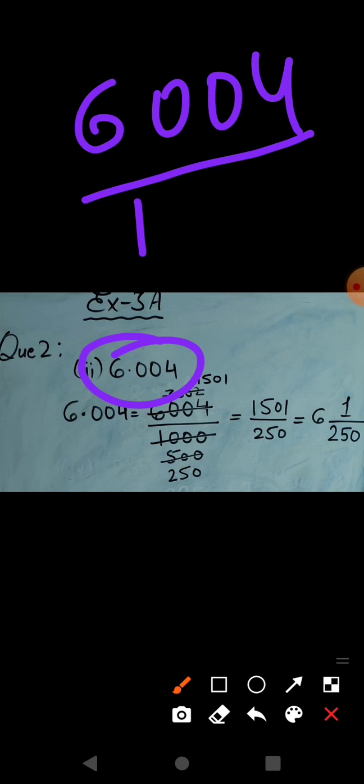How many decimal places were there? 3. So we will put 3 zeros here. Now we can divide by the table of 2. Both can be divided. I did the division by 2 and we got the answer, this 1501 by 250.